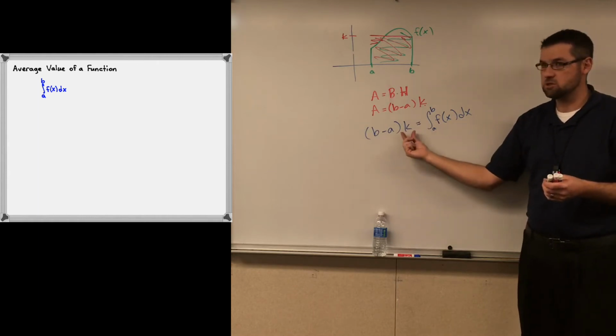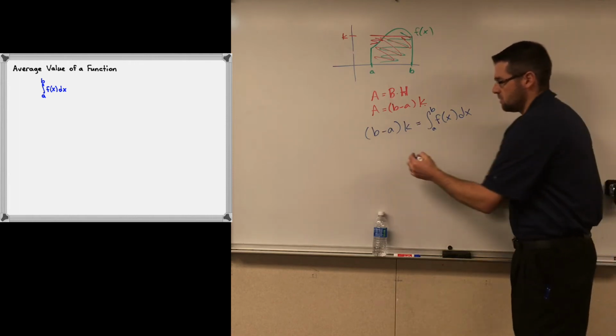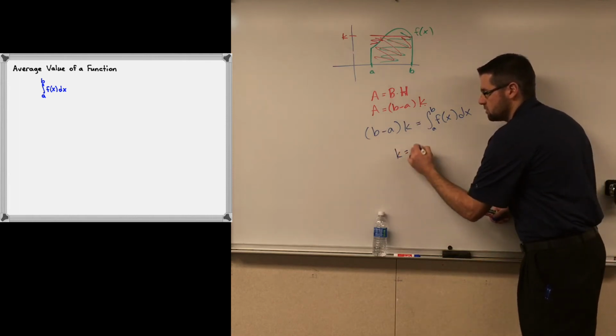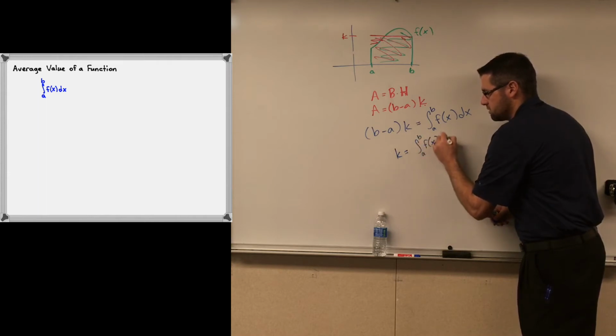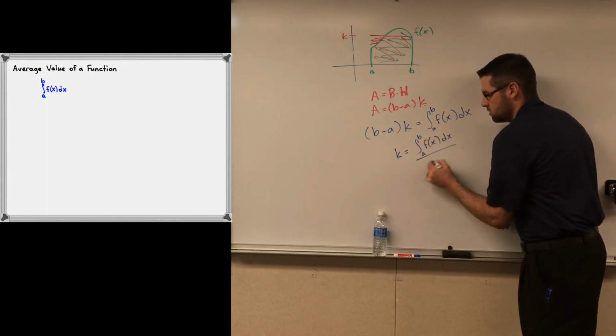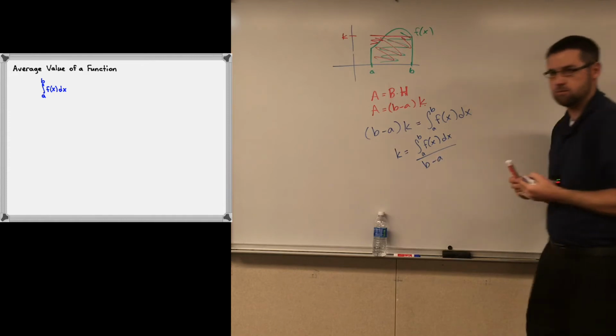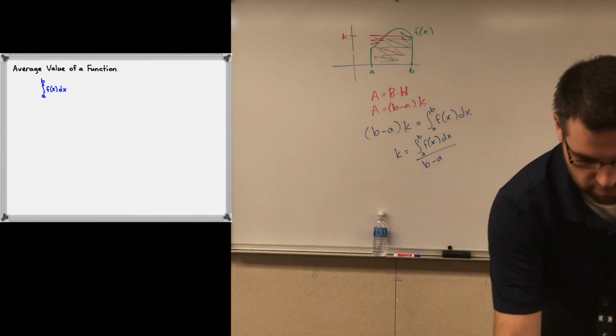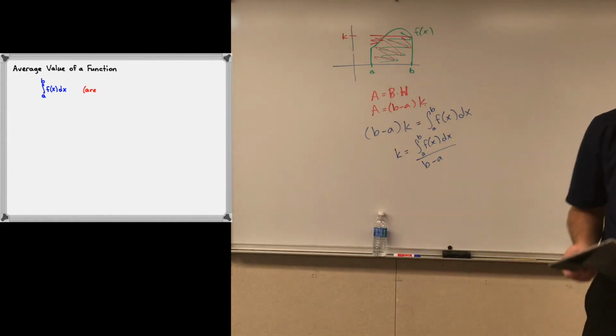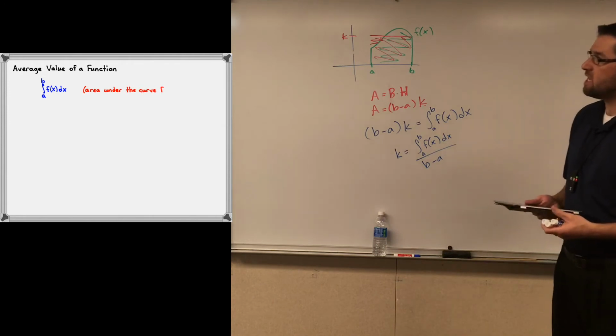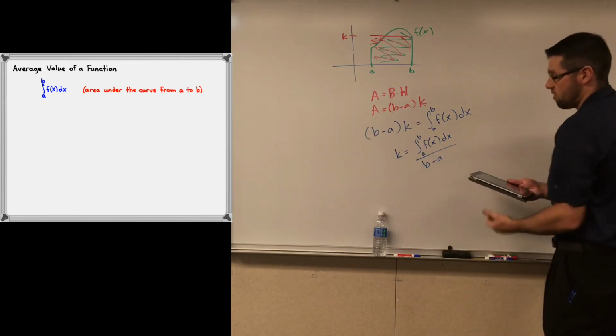So what would I do to solve for k? So we would say k equals the integral from a to b of f of x dx all over b minus a. This is to find the average value. K is the average value. Okay, so the integral is the area under the curve from a to b.